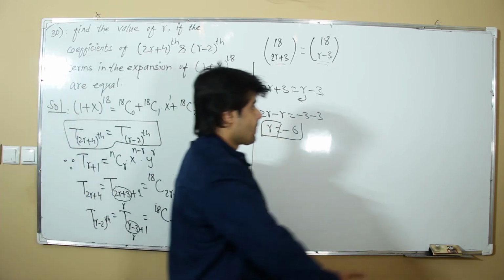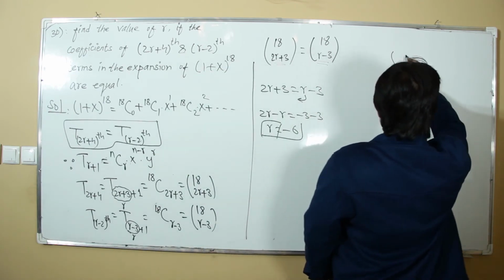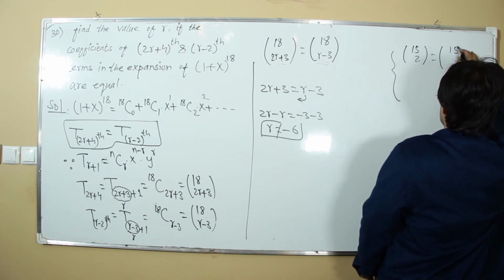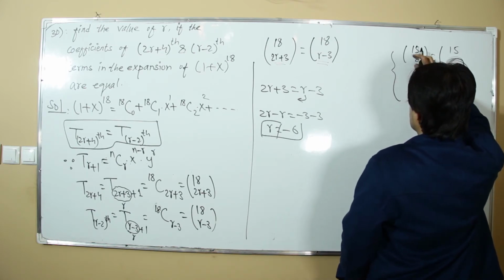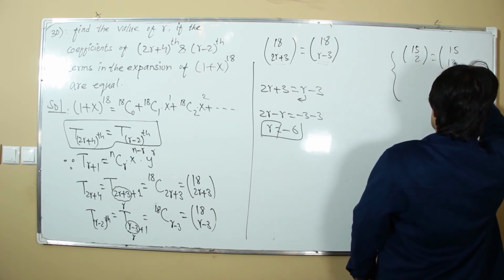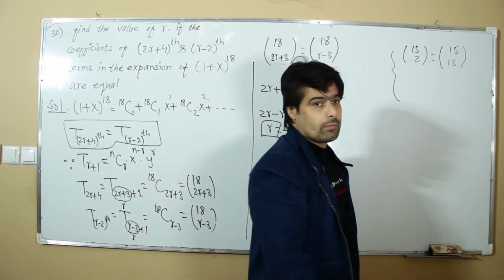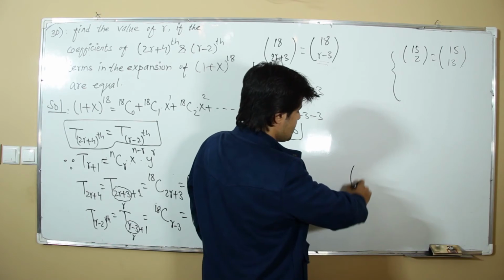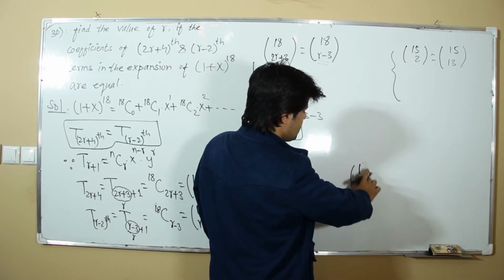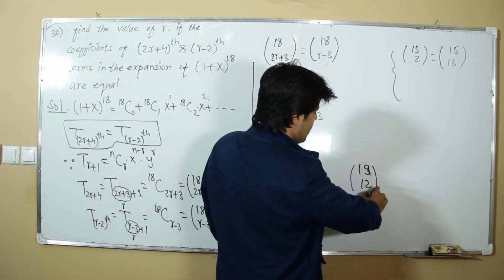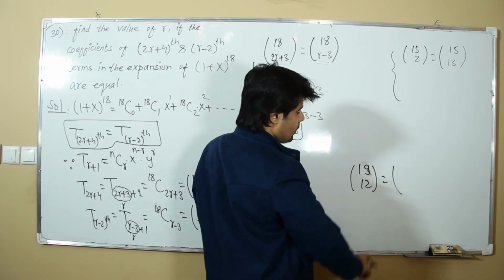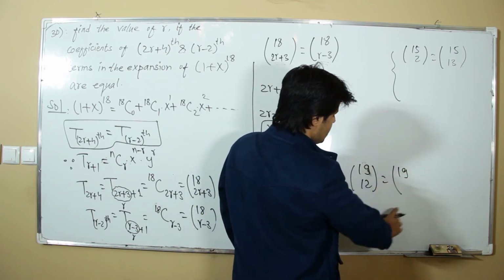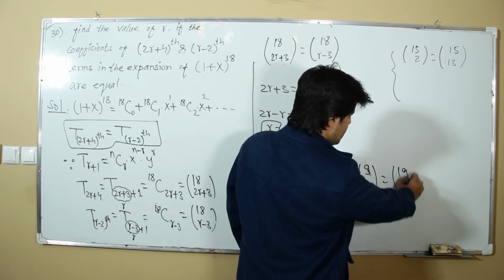One thing you have to know, that 15 c 2 is equal to 15 c 13. 15 minus 2, I mean 13. They are equal. Or for example 19 c 12, it's equal with 19 c 19 minus 12, it's 7.